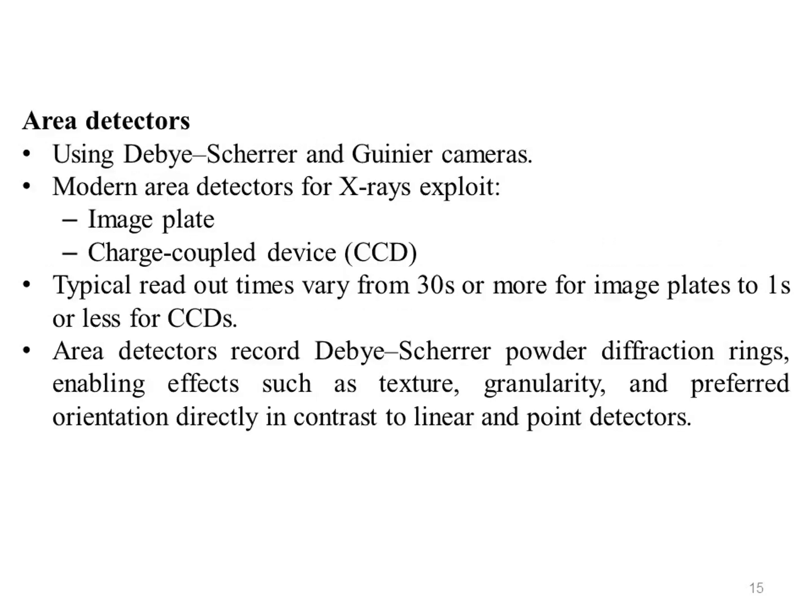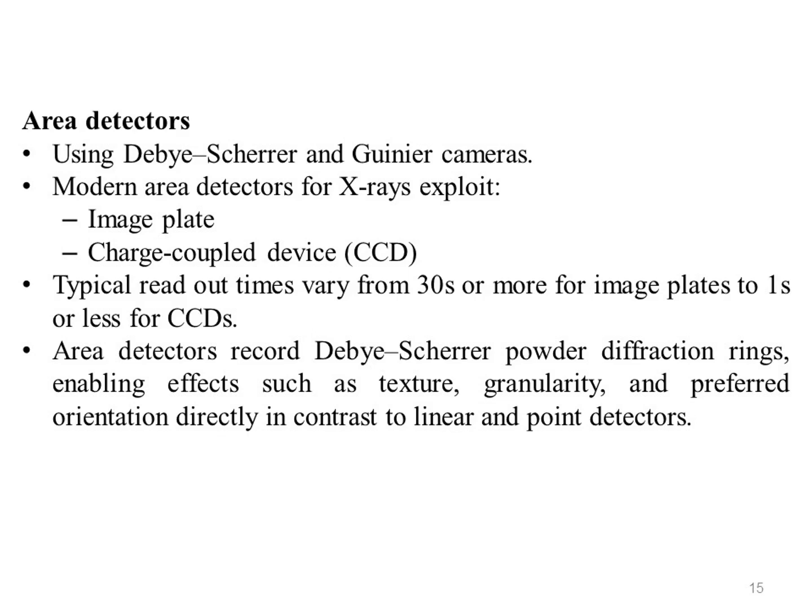Now, area detectors. Historically, area detectors in the form of photographic X-ray film were the principal method for recording powder diffraction patterns, for example using Debye-Scherrer and Guinier cameras. Modern area detectors for X-rays exploit image plate and charge coupled device, CCD, technology. These detectors accumulate an image of the diffraction pattern, which then has to be read out and stored as a subsequent step.